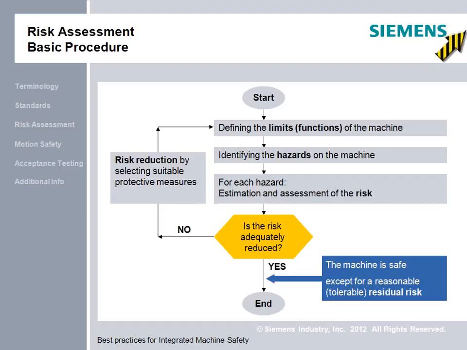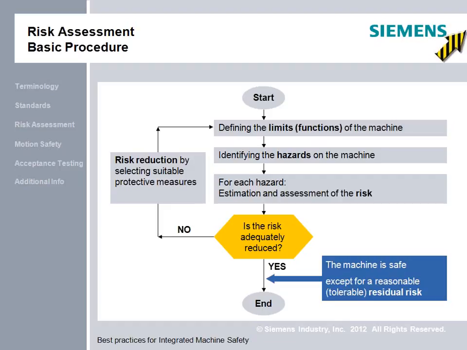If it is tolerable, then we do not have to mitigate that hazard. If the risk is not tolerable, we have to find some risk reduction method. The best practice is to design the risk out of the machine. If that's not possible, then we start looking for protective measures like a safety control system that we can put in place that can reduce that risk to a tolerable level.